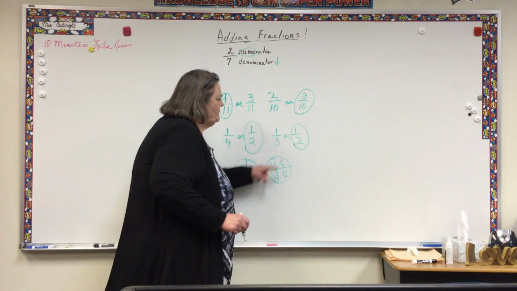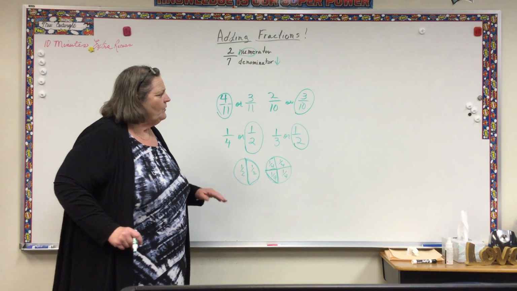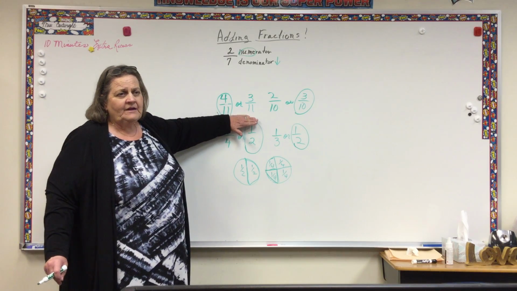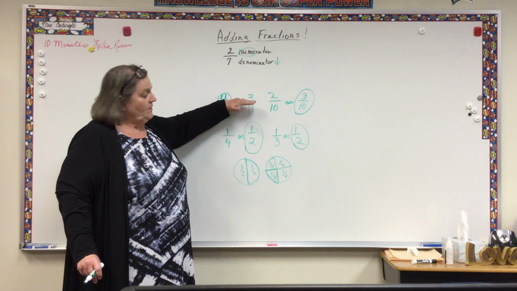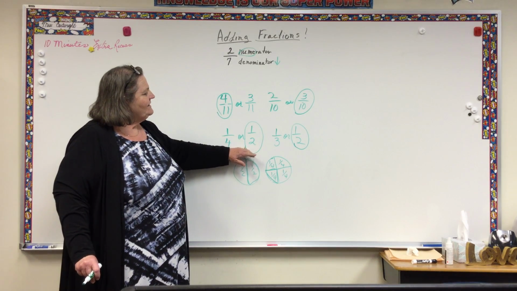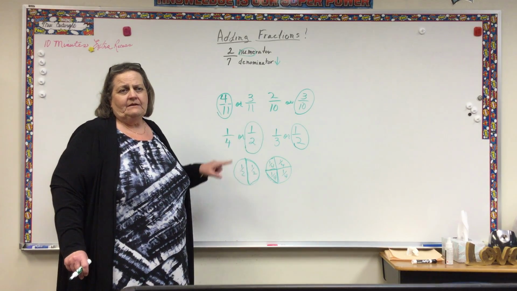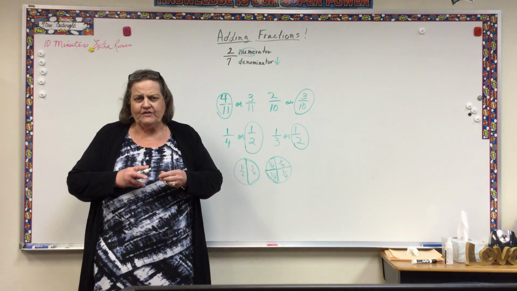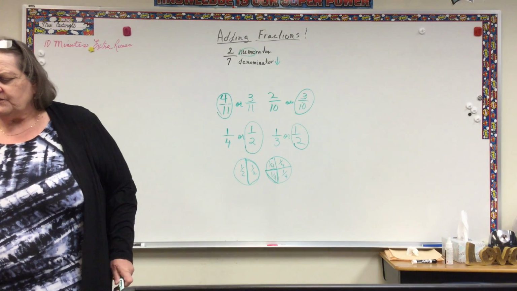Because I'm only sharing with 2 people, and here I'm sharing with 3. Do you see? So watch the difference. When the denominator is the same, you look at the top number. When the denominator is different, you look at the smallest denominator, and that's going to be the larger. Okay, does everybody understand that, I hope? You can always go back and look at this.